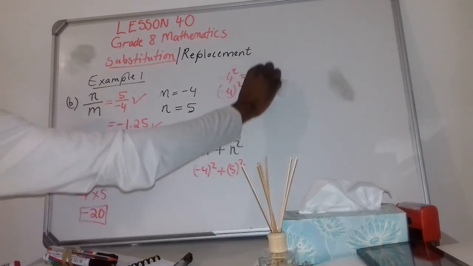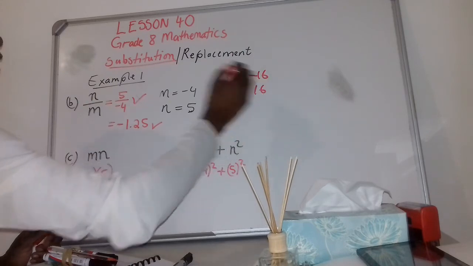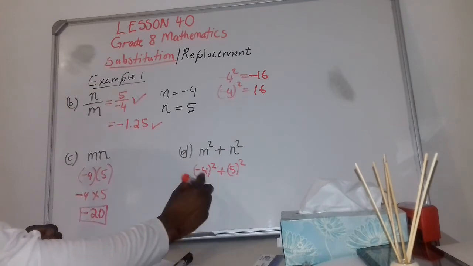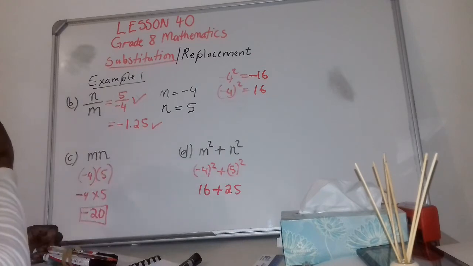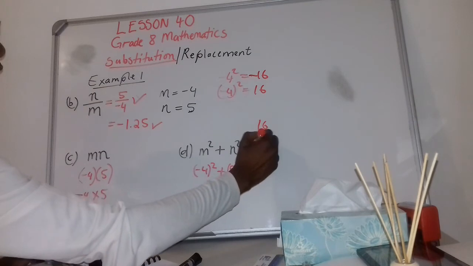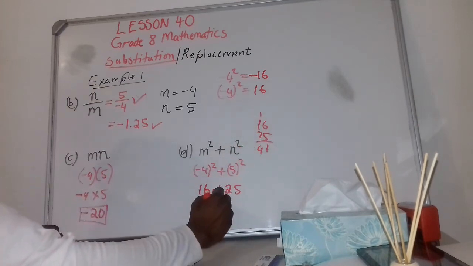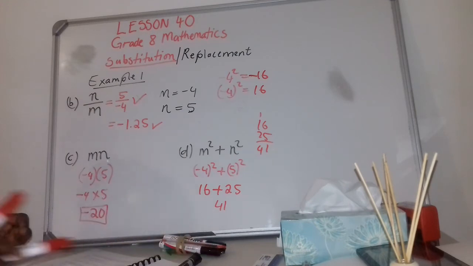This is not negative 20 but negative 16. Sorry for that. Positive 16. So here it's going to be positive 16 and positive 25. If we sum that up, we are going to get 41. So that's substitution, and it's very simple. You should be getting this without any difficulties.